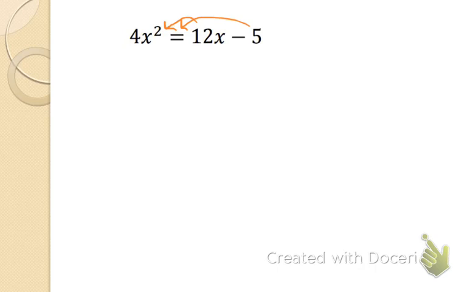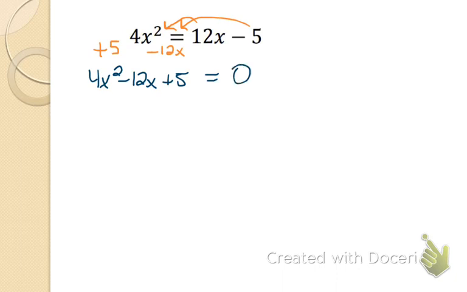To move the 12x over, we will have to subtract it. To move the 5 over, we will have to add it. So I know it looks a little confusing. What I'm going to do is rewrite it in standard form. So I'm going to start with the 4x squared, followed by the 12x, followed by the 5, and now this is equal to 0.